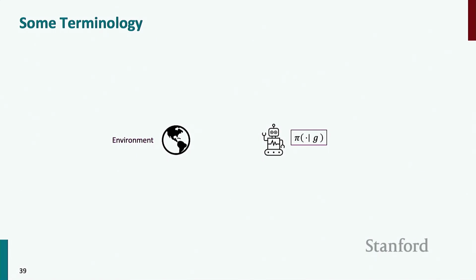So let's start with some terminology, okay? So we have our agent on the right. That's going to be some neural network. And then we have an environment. And I'll give some examples of what these environments could be. The agent receives an observation from its environment, and based on the observation, it issues an action, okay?